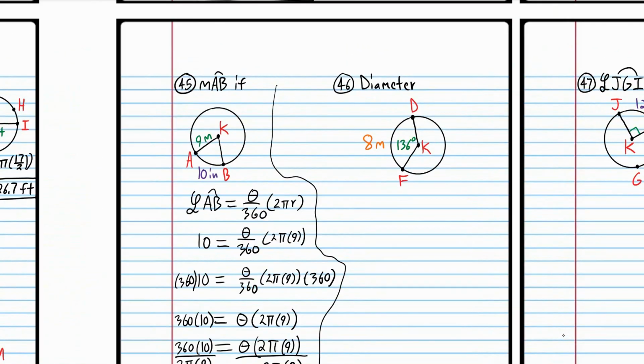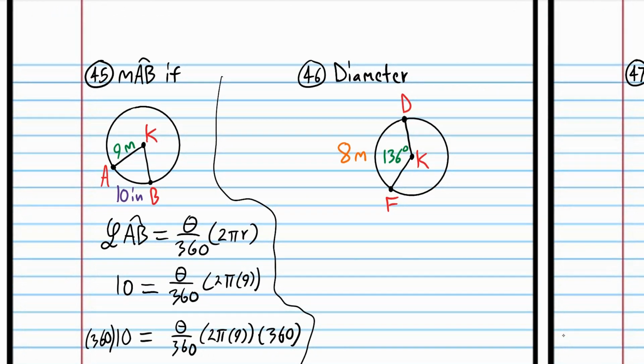All right, we're back. So the arc length of DF is equal to 136 over 360 times 2 pi r, and we don't know what r is, and actually I should probably write the formula that we're using.